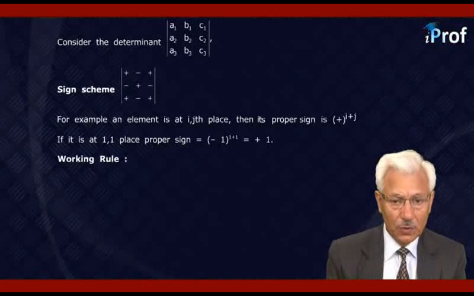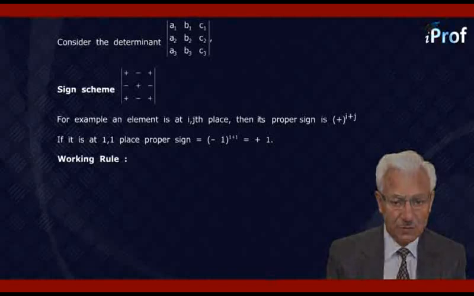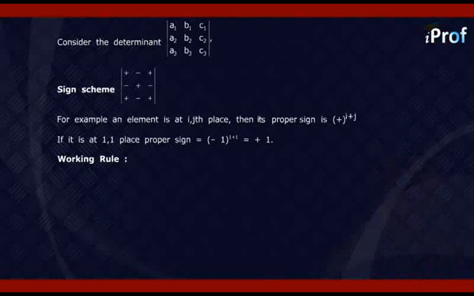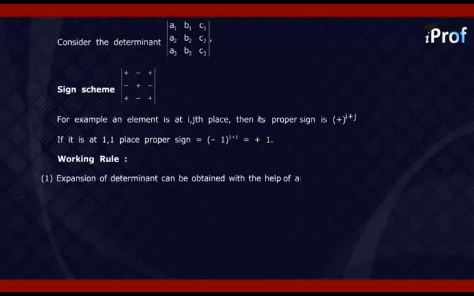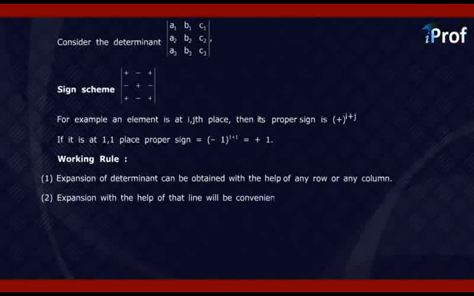The working rule for the expansion of the determinant is as follows. First, expansion of the determinant can be obtained with the help of any row or any column. Second, the expansion with the help of that line will be convenient which has the maximum number of zeros.